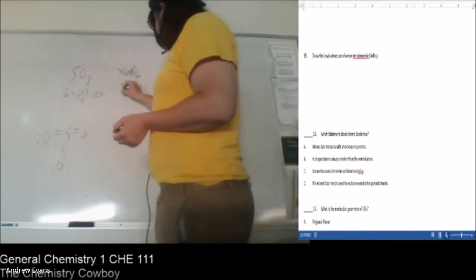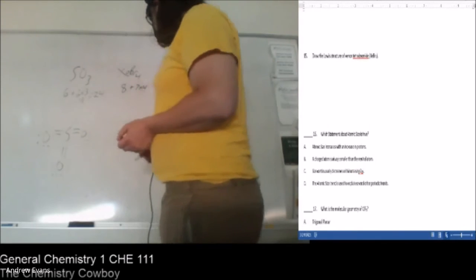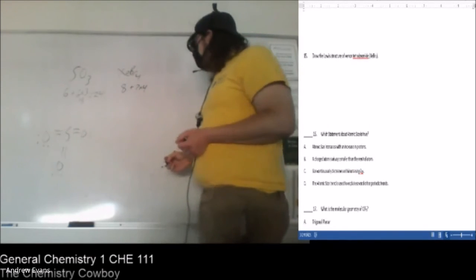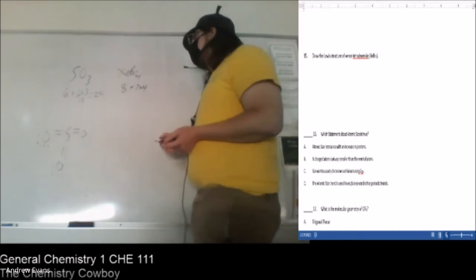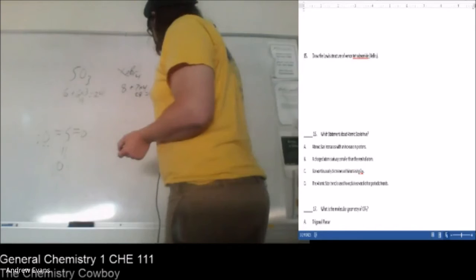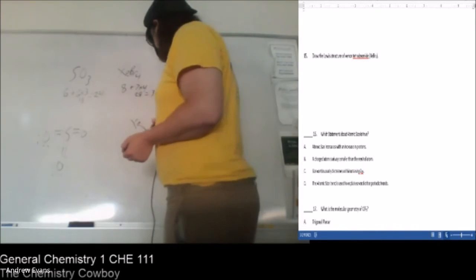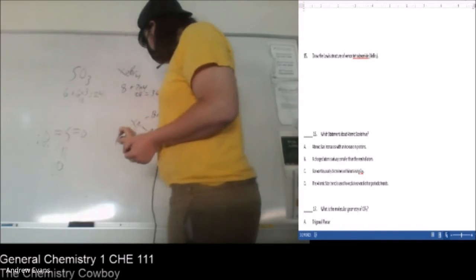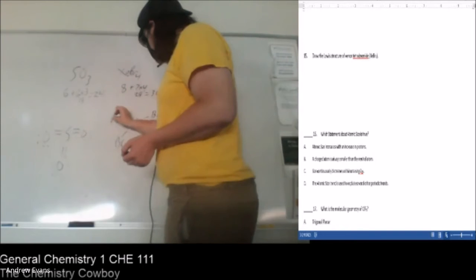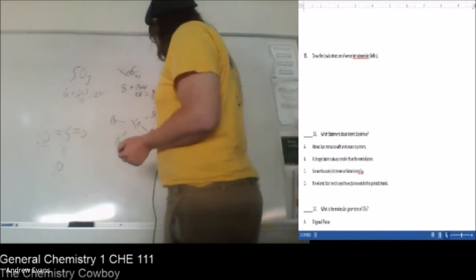Xenon, that's 8. Bromine, there's 7 per bromine, times 4, that's 28. So 28 plus 8 is 36. Xenon, bromine, bromine, bromine, bromine. Sorry, that's 8, which knocks it down to 28.